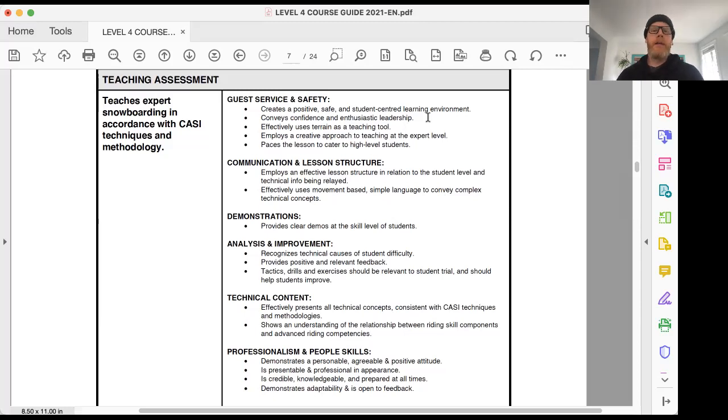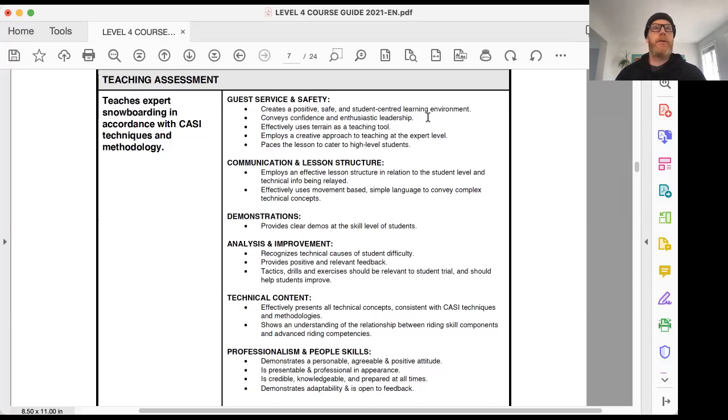And then the second part effectively uses movement-based simple language to convey complex technical concepts. This is another area where communication might vary a little bit between a lesson and a session. And so one thing that you can really think about, particularly when you're running practice training sessions, pedagogy sessions, but there's sort of a pedagogy language that comes along with training instructors when we're teaching them how to teach.